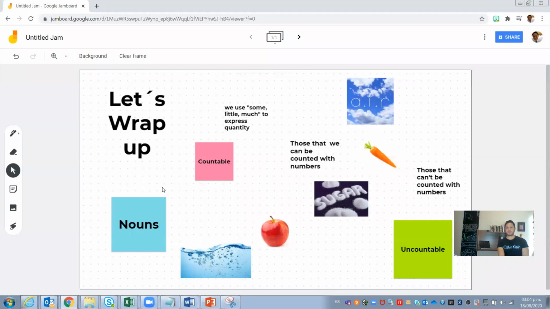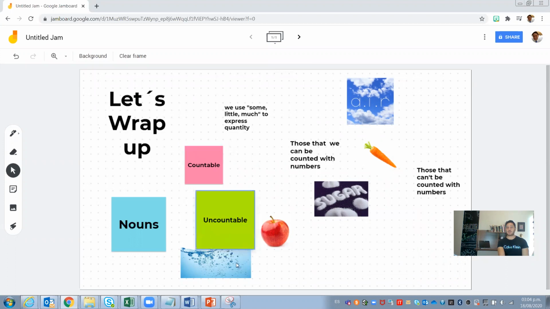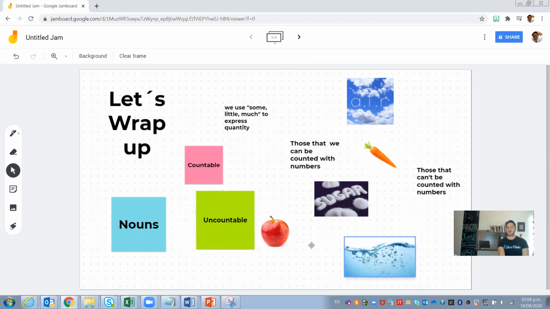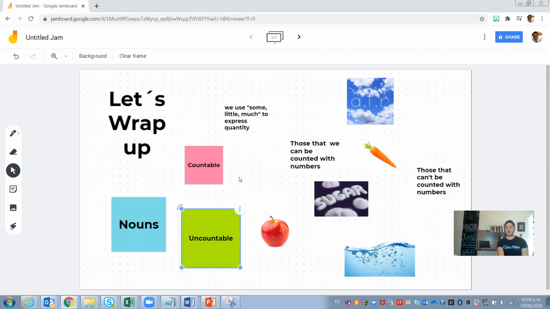Okay, let's continue with the following ideas. Starting with the principal idea of nouns, we continue then with countables and uncountables. Next idea, use some, little, and much to express quantity.